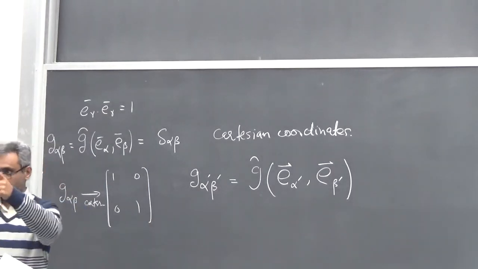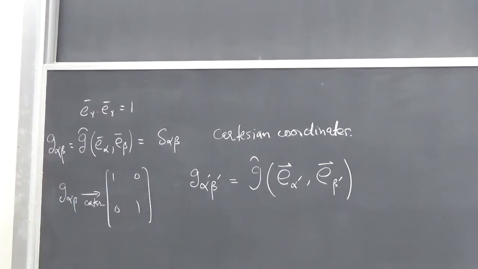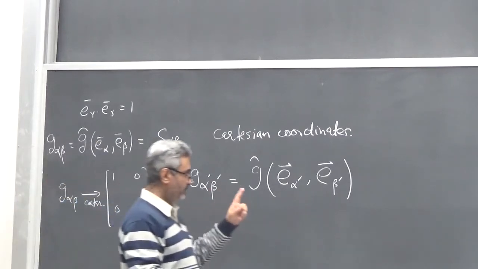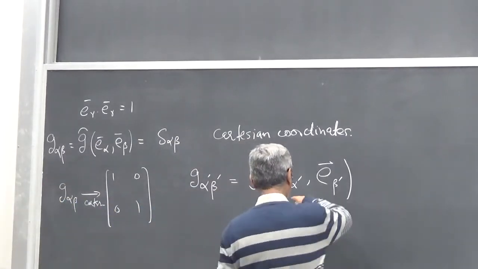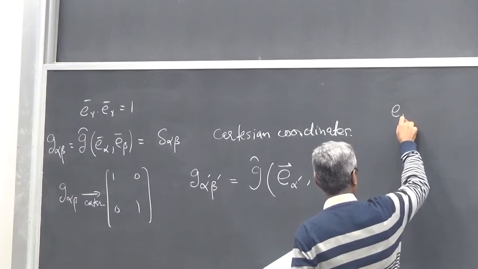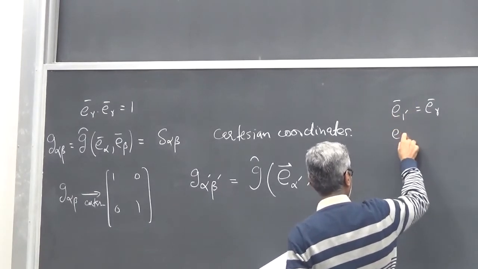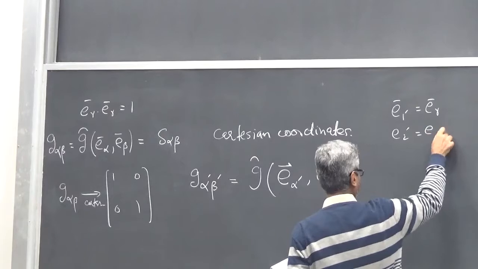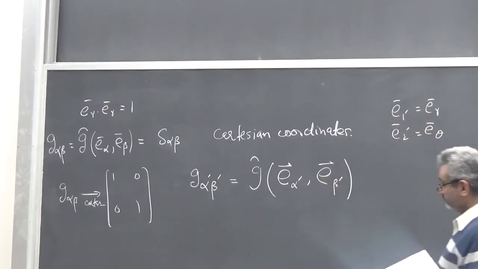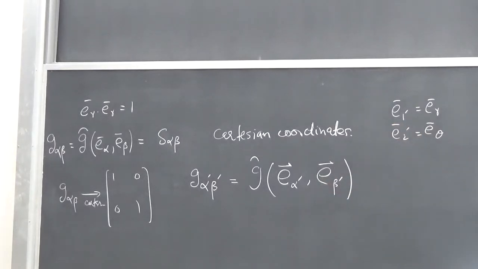So this E1 prime is E_r, and E2 prime is E_theta. Right? So now how would you calculate the components?